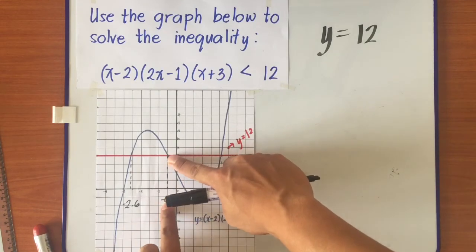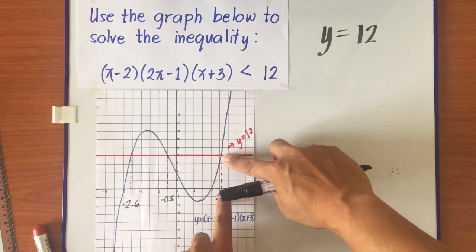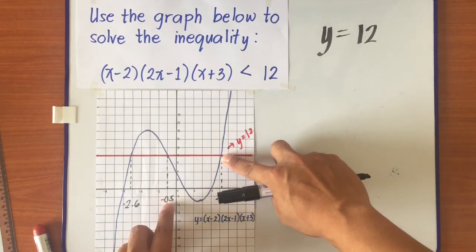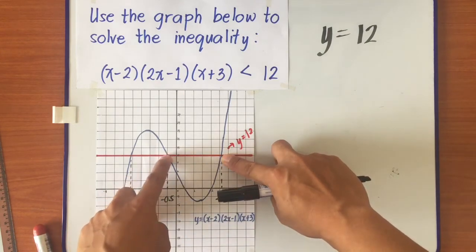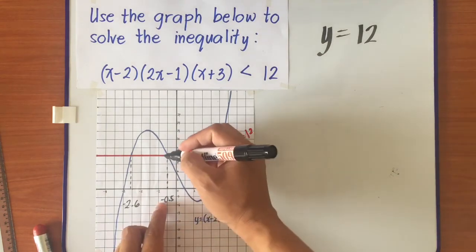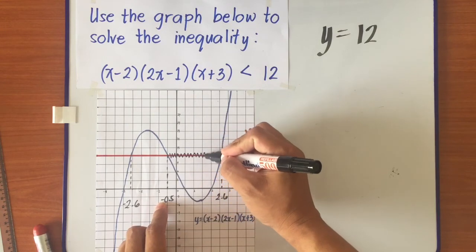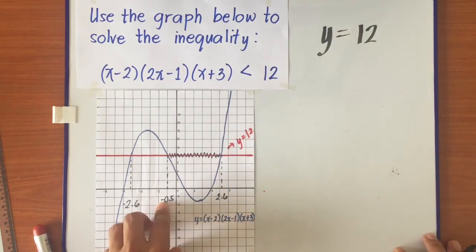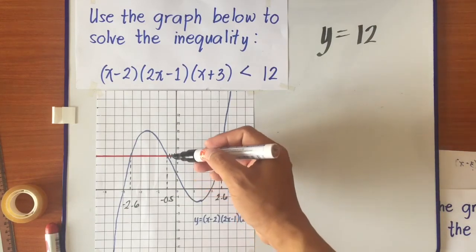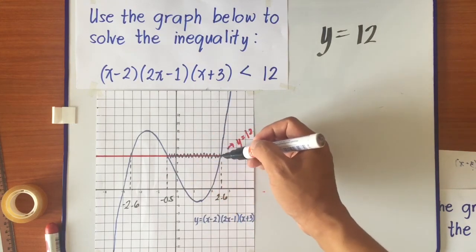The value of x here is -0.5, and the value of x here is 2.6, as we approximated a while ago. So it's between -0.5 and 2.6. I'm going to consider only the values of x in here, from -0.5 to 2.6.